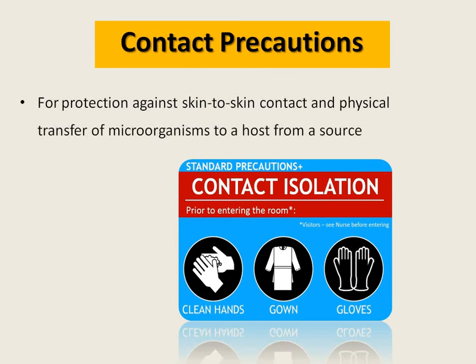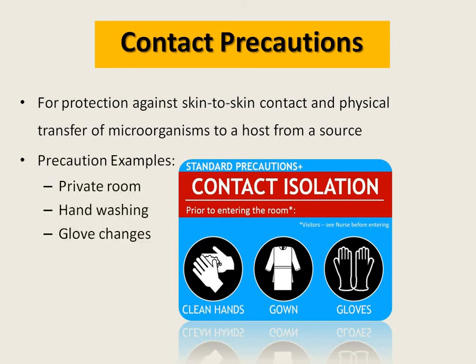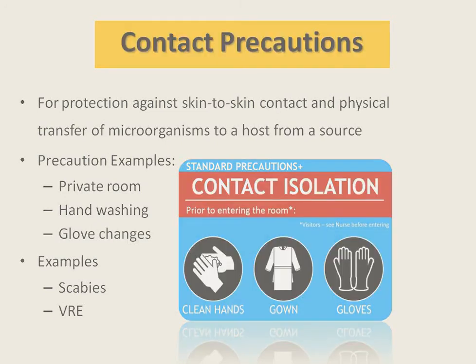For protecting against skin to skin contact and physical transfer of microorganisms to the host from a source, we require this kind of help, which also decreases the infection. Also we can have private rooms, and we can also go for treating various other infections like scabies, skin diseases. These can be treated with proper use of clean hands, gowns and gloves.